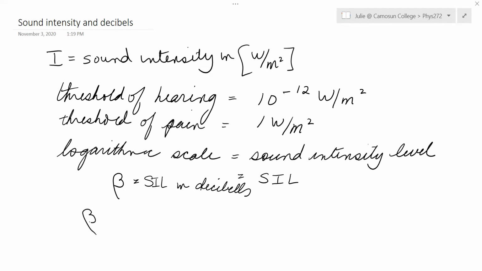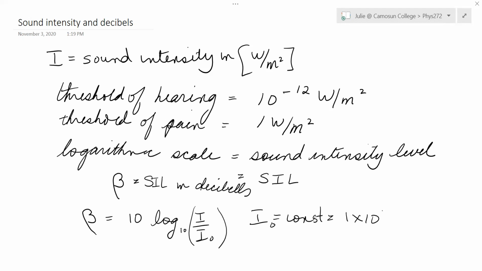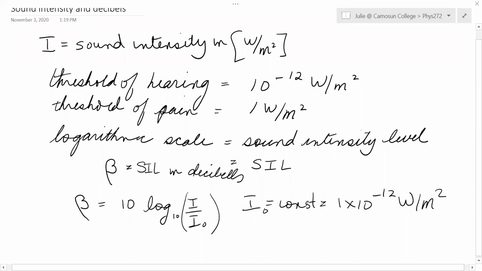And the equation on your equation sheet is that the sound intensity level is defined to be 10 times the log to base 10 of the intensity of the sound over I naught, where I naught is defined to be that threshold of hearing. So I naught is a constant. You always use 1 times 10 to the negative 12 for I naught in that equation. So that is constant.